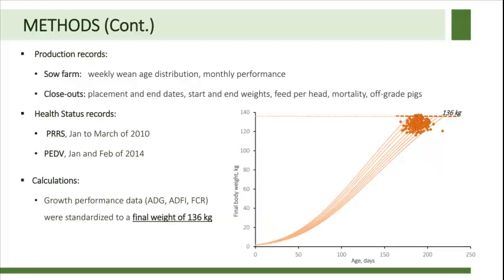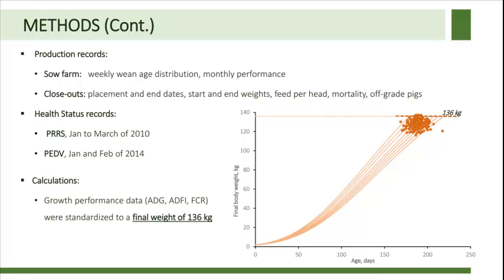We were able to reach the production records for these groups in the sow farm and the closeouts. I already mentioned those 2 health events at the sow farm. And very important here, we decided to standardize the final weight of those pigs for the calculations of growth performance data: average daily gain, feed intake, and feed conversion.